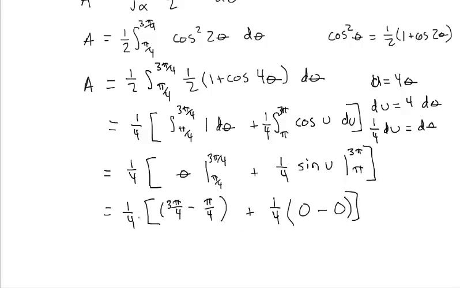So we're left with 1/4 times 2 pi over 4, which simplifies down to pi over 8. And we're doing area, so we'll say units squared. And that's how we find area in polar coordinates.